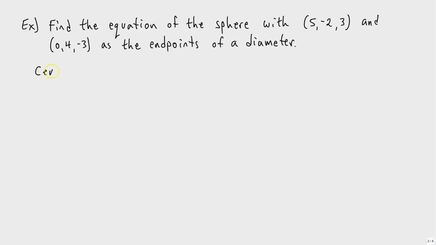So for the center, we're just going to find the midpoint of the endpoints of the diameter. So that'd be 5 plus 0 divided by 2, and then 4 plus -2 divided by 2, sorry, and then -3 plus 3 divided by 2.